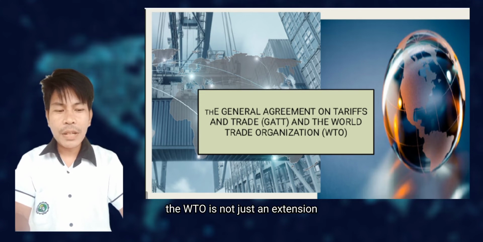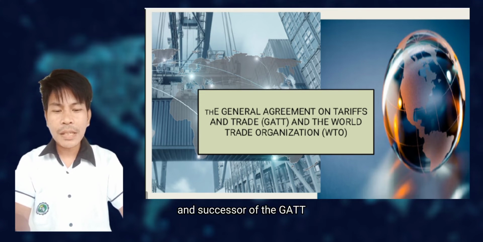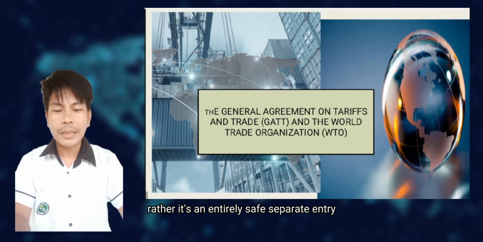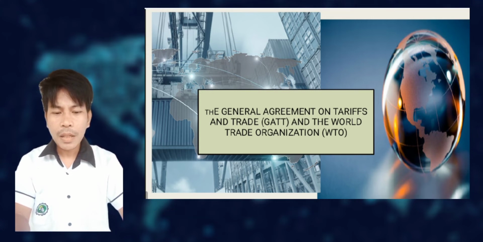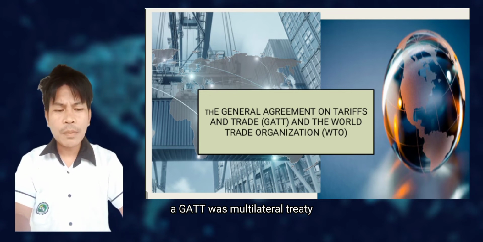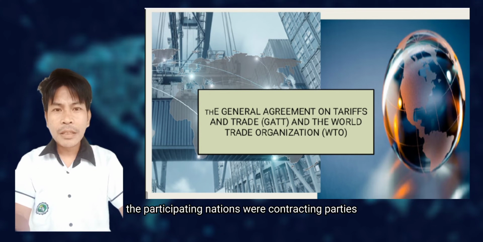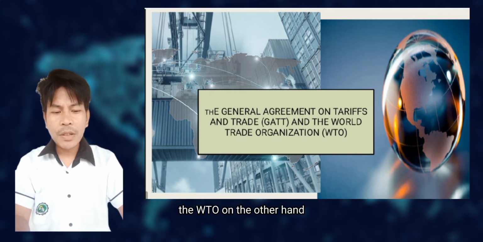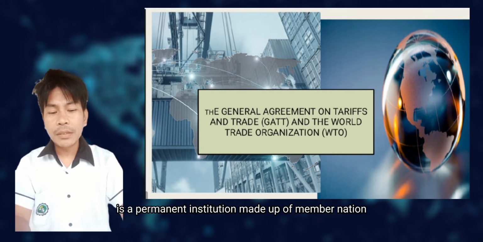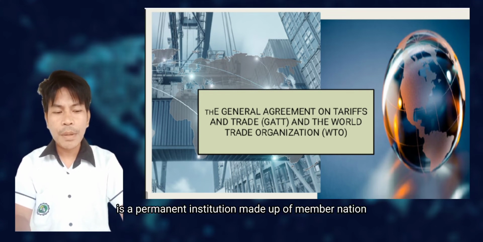The WTO is not just an extension and successor of the GATT. Rather, it's an entirely separate entity. The GATT was a multilateral treaty created on an ad hoc basis. The participating nations were contracting parties. The WTO, on the other hand, is a permanent institution made up of member nations.